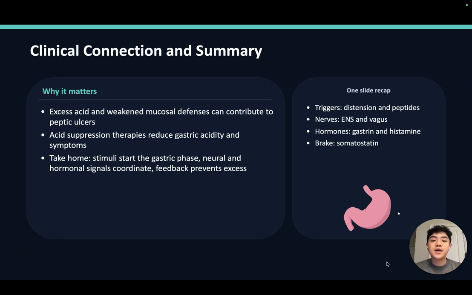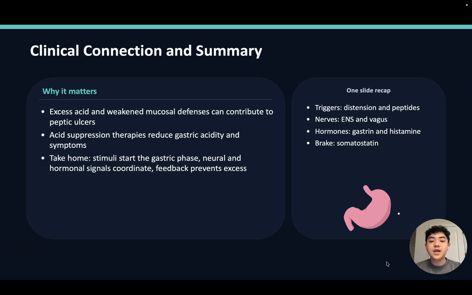Then the hormone and paracrine signals, especially gastrin and histamine, amplify the acid secretion, while somatostatin provides inhibition. Together, these signals coordinate acid production, enzyme activation, mixing waves, and controlled emptying through the pyloric sphincter.